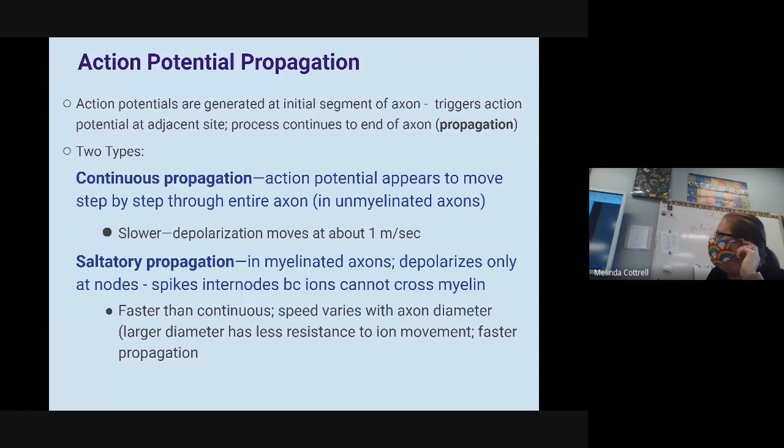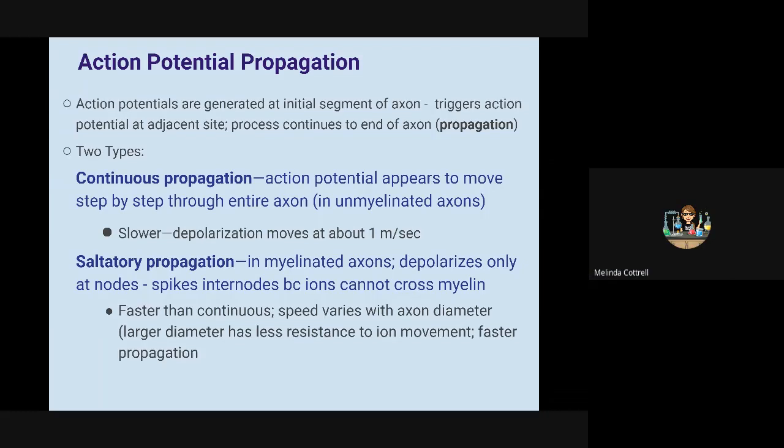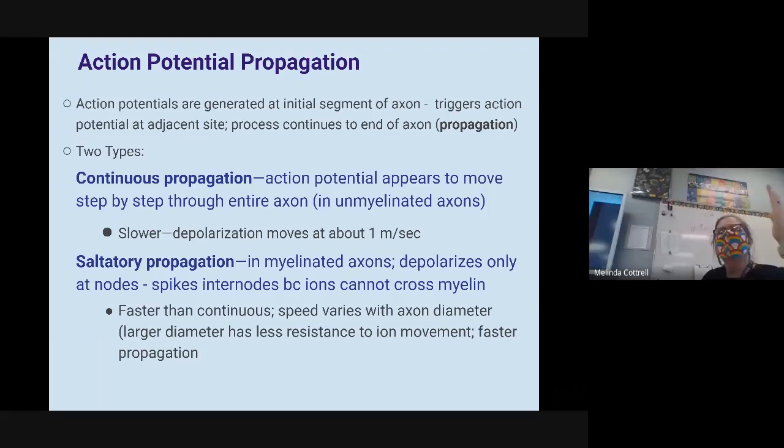Saltatory propagation is kind of like the jumps, okay? It spikes in the internodes because the ions can't cross the myelin. Now this is beneficial because it's faster. Instead of continuously going A, B, C, D, it goes A, then jumps to C, and then jumps to E. And so it's a quicker propagation.